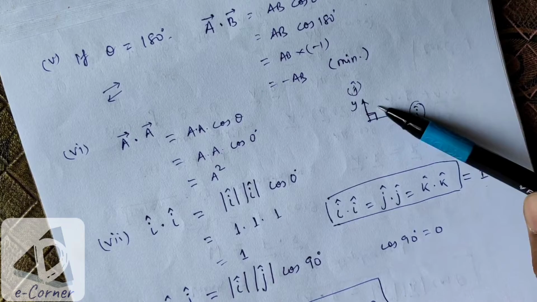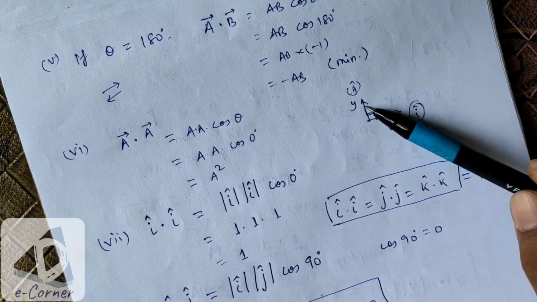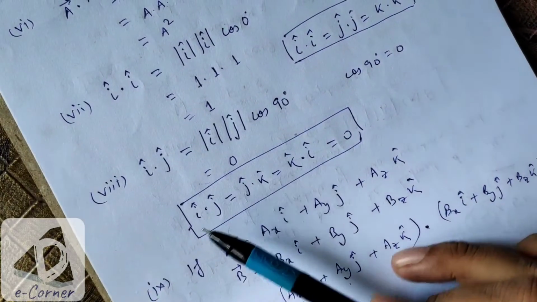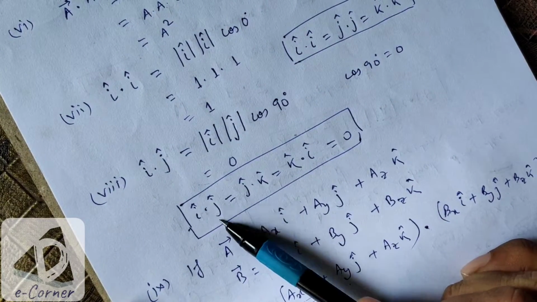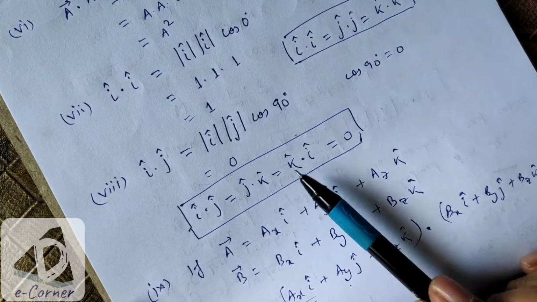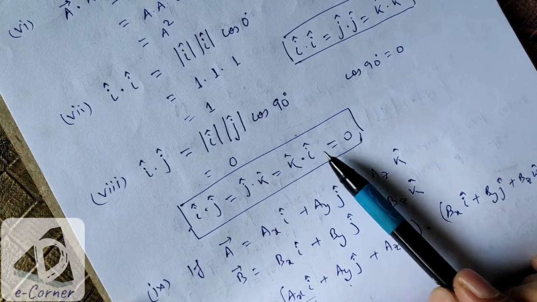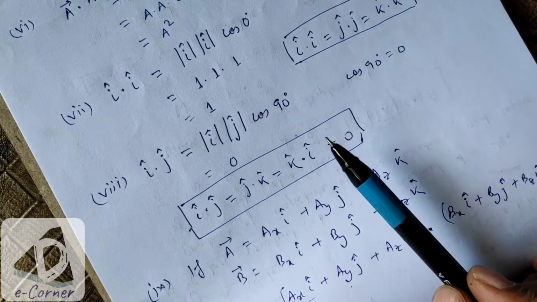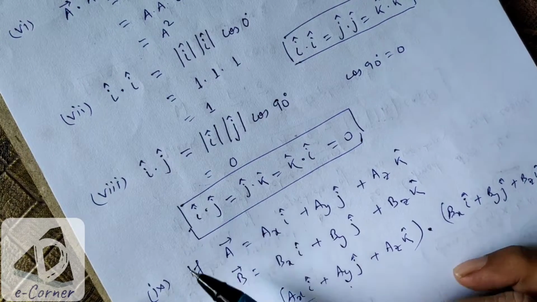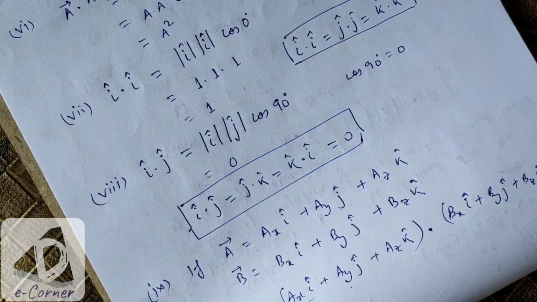So both are making 90 degree. Cos 90 is equal to what? 0. Similarly, we can write i cap dot j cap equal to j cap dot k cap equal to k cap dot i cap, which is equal to 0, because they are making 90 degree or perpendicular with each other.